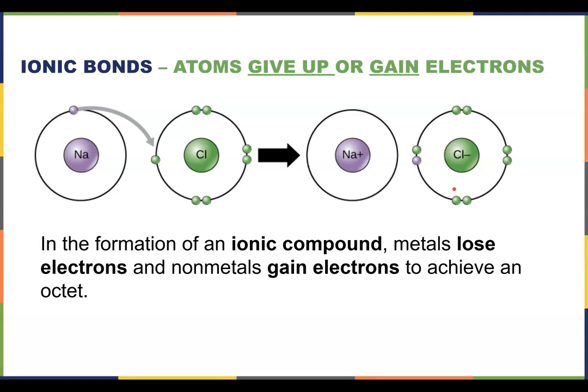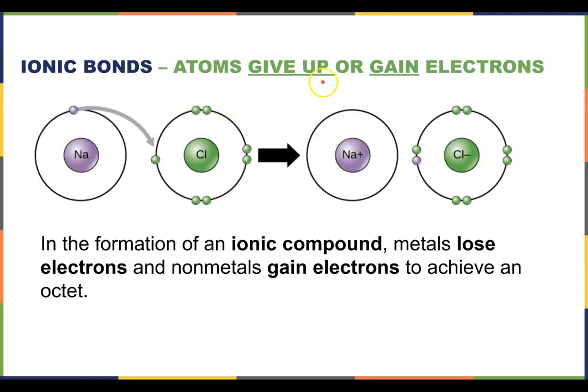Ionic bonds are a little different. They don't share. They kind of just rip the electron from the other one. Sodium has 1 electron. It's a lot easier to give up 1 than to try to gain 7 to reach that 8. If it gives up 1, chlorine will happily take it because it needs 1 to get to 8. That would be an ionic bond.